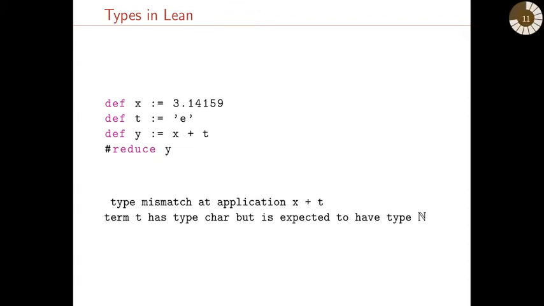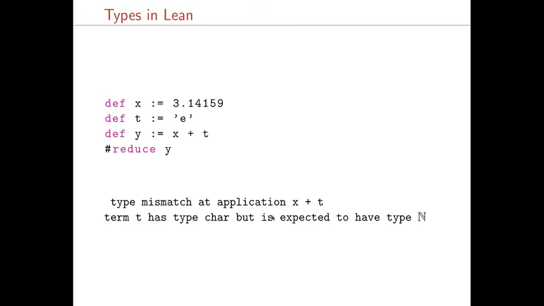Okay, Lean will show the following error message. It will say there's a type mismatch at the application x plus t. It will complain that the term t has type character, but it is expected to have type natural numbers. Now here there's a weirdness in Lean where this number x is actually not a floating point number or a real number, it's stored as a natural number.